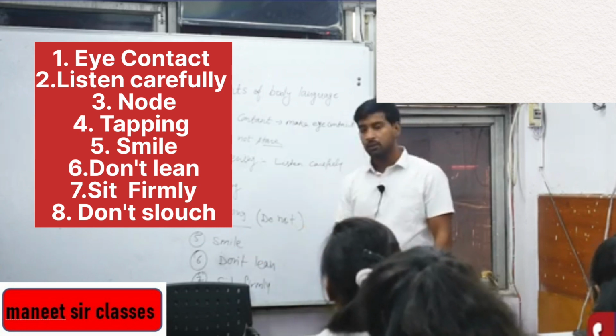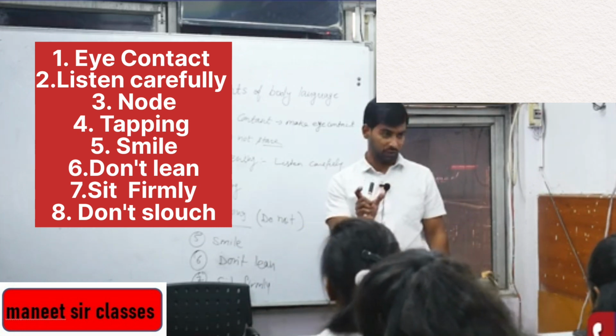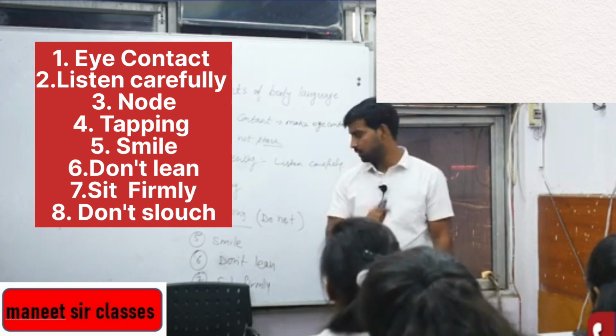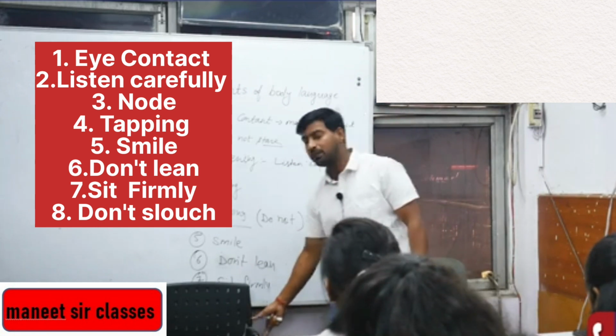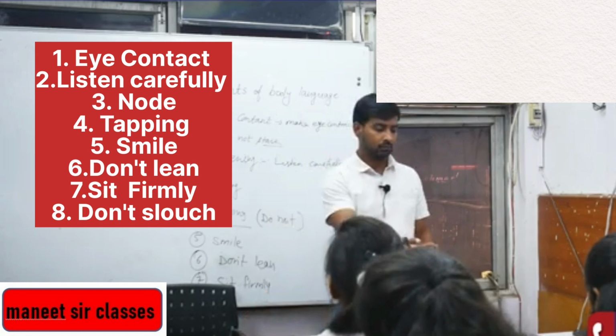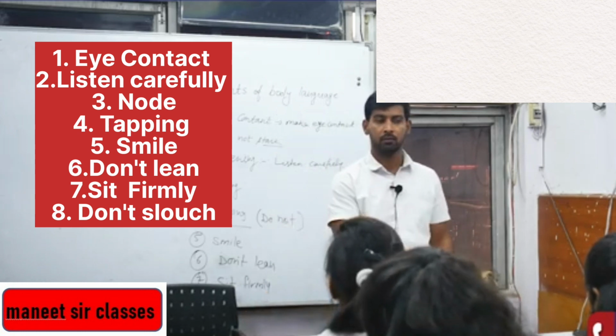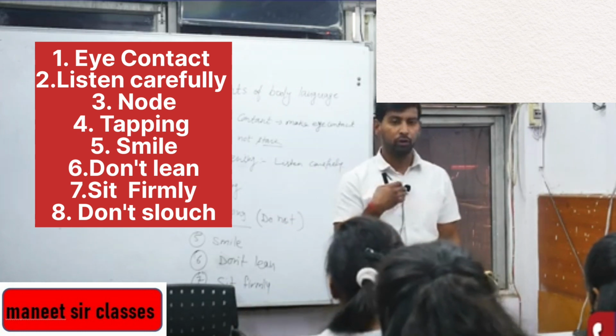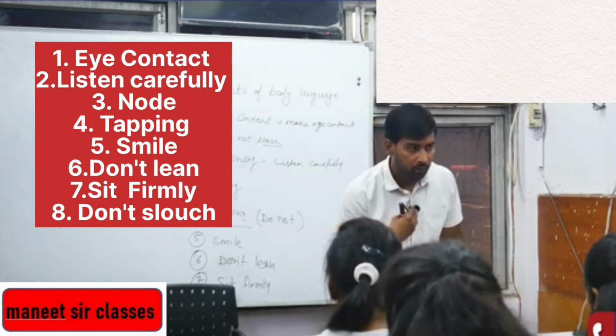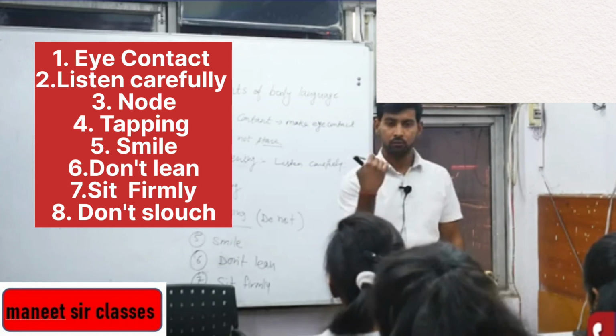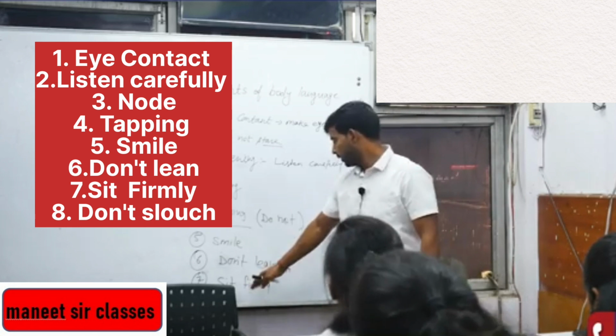Then smile. Have a smile on your face. It shows your positivity. Then don't lean against the chair or against the table. Lean means, as I have already told you, bend up or down. Okay? Sit firmly.